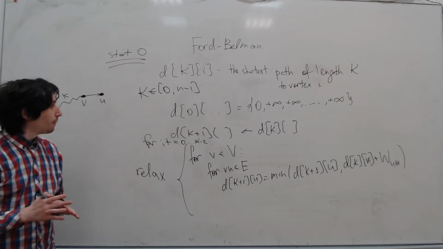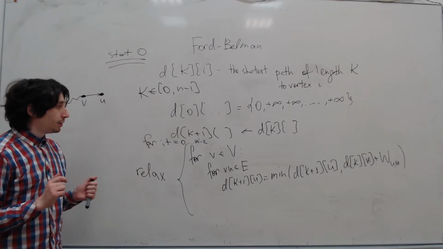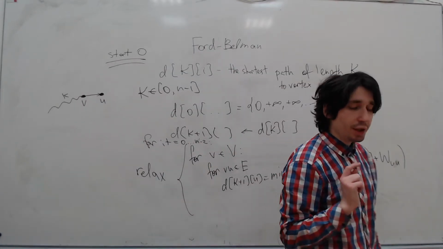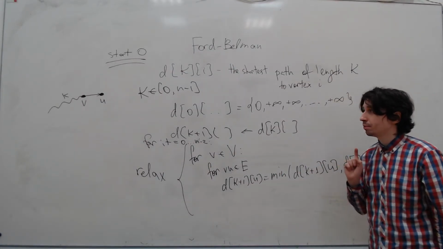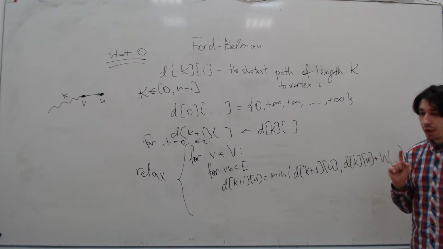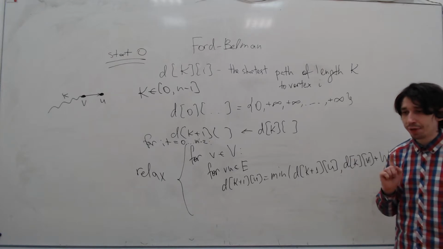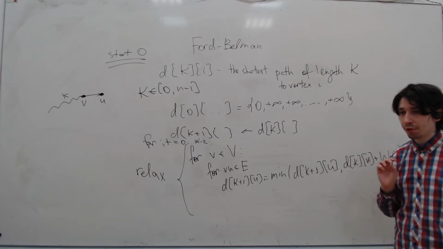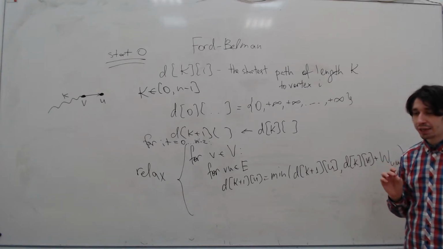But this almost works. There is one problem with that. Suppose you have a graph with negative edges. Can you give me an example of a graph so that there are vertices with no shortest distance?